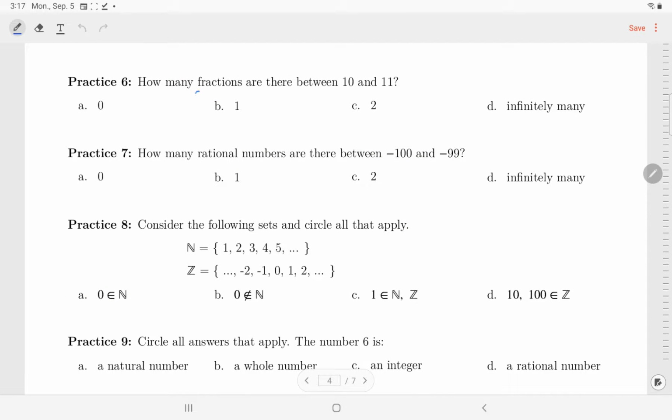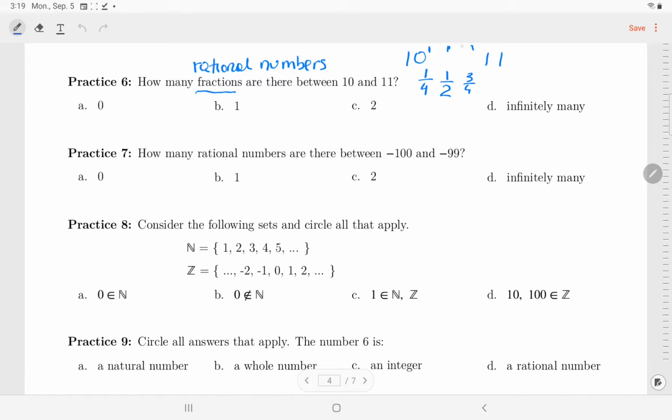How many fractions or rational numbers are there between 10 and 11? So we can split it into half, and we have 10 and a half. But then we can split this into halves, and then we have 10 and a quarter, and here 10 and 3/4.